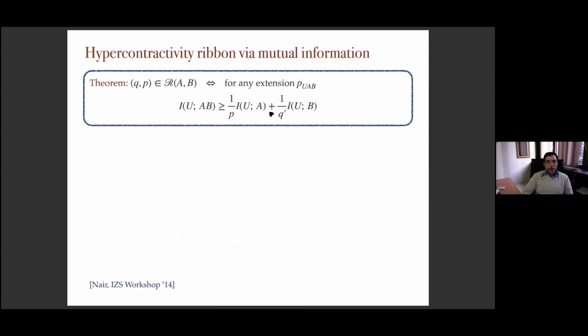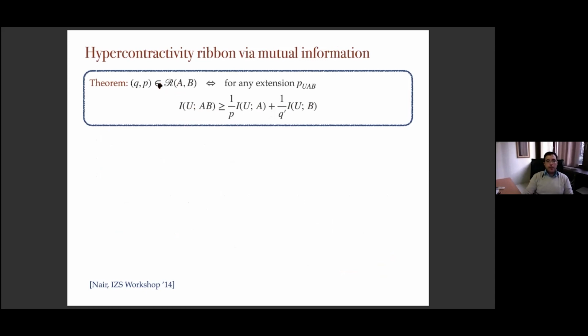Well, the second theorem is a dual representation for the hypercontractive ribbon. Remember, I told you that mutual information is an additive measure of correlation, but surprisingly, you can express the hypercontractive ribbon in terms of mutual information.